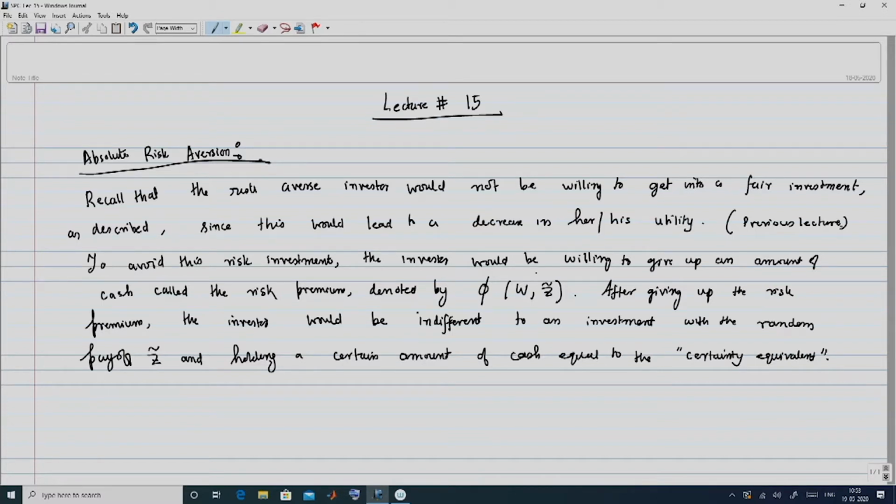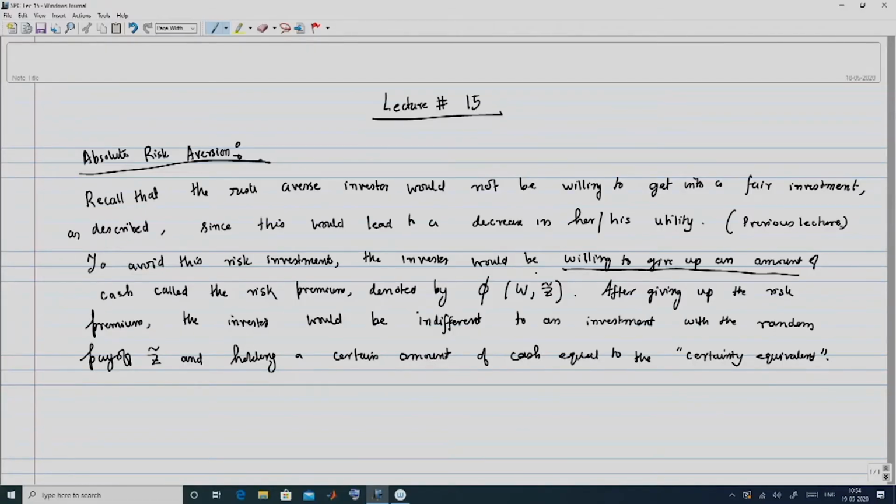All right. So, just to elaborate this, we have already seen the example of the risk averse investors, and we have said that the risk averse investor would not be willing to get into this investment. Recall the particular example of the investment was that you start off with a wealth level W naught, and with probability half you could have a gain of z tilde, which in the example was 300, or you could have a loss of z tilde, again with a probability of half.